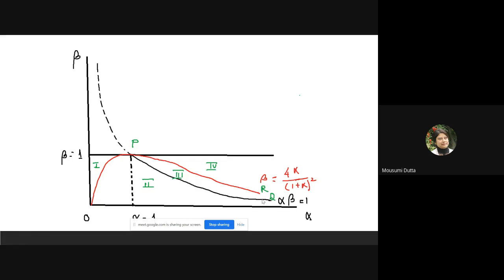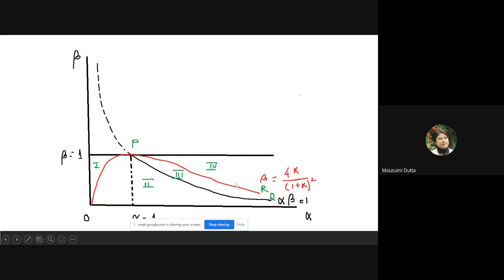Regarding the other curve, the second line will intersect the first line at the point 1, 1. Alpha is equal to 1, beta is equal to 1. And it is first positively sloped and then negatively sloped. And in general, when we consider a quadratic, it should look like a parabola. So together the two curves can be presented in this way. And I am marking the red one as OPR.